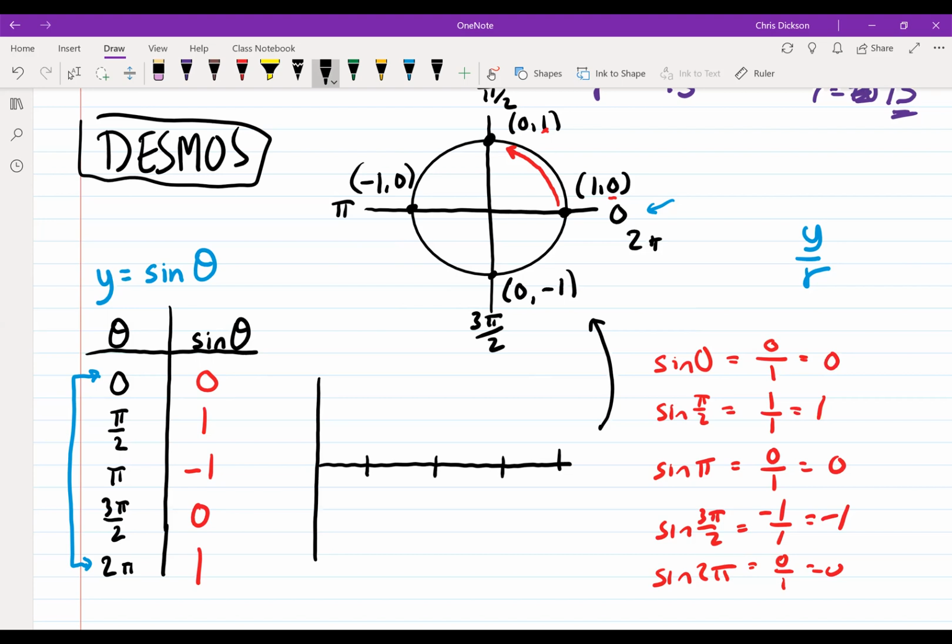I'm going to start at 0 being over there, pi over 2 being here, pi being here, 3 pi over 2, and 2 pi. And from the red values, I go from 0, 1, 0, -1, 0. So if I plot those points, I'm at 0, I'm at 1, I'm at 0, I'm at -1, and I'm at 0.